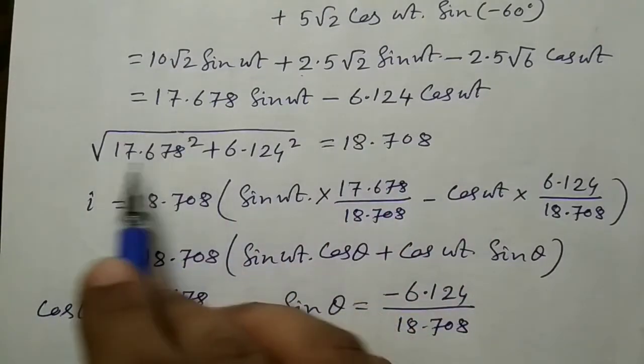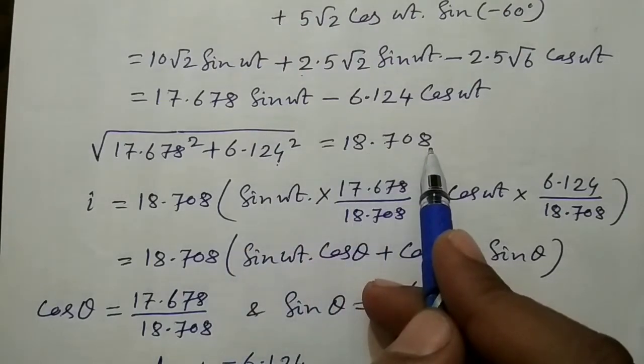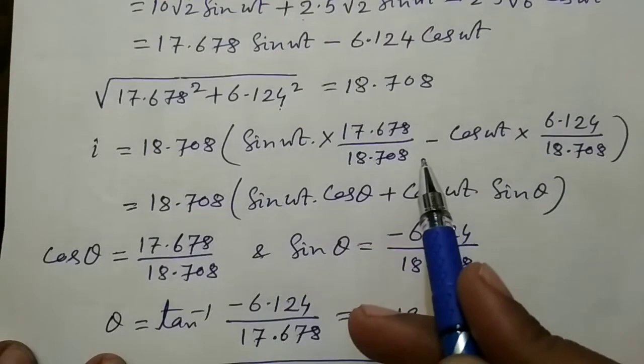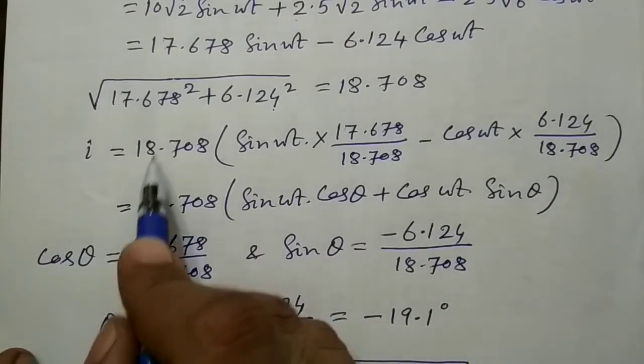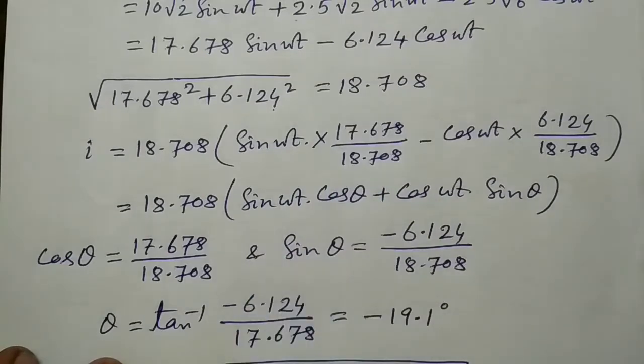Now here we find this parameter and we get 18.708. Then, according to the concept, we multiply and divide by this parameter, that is 18.708.